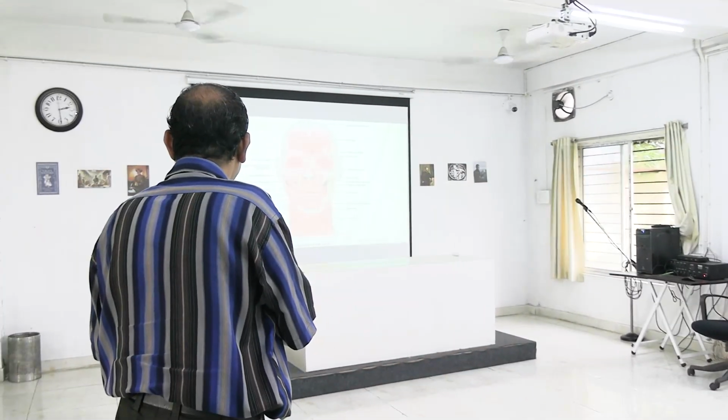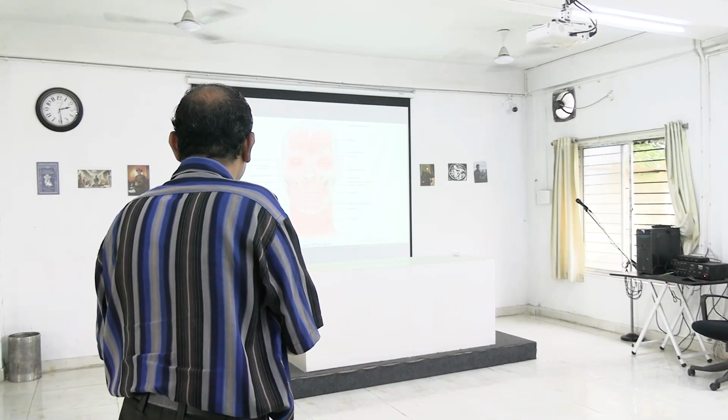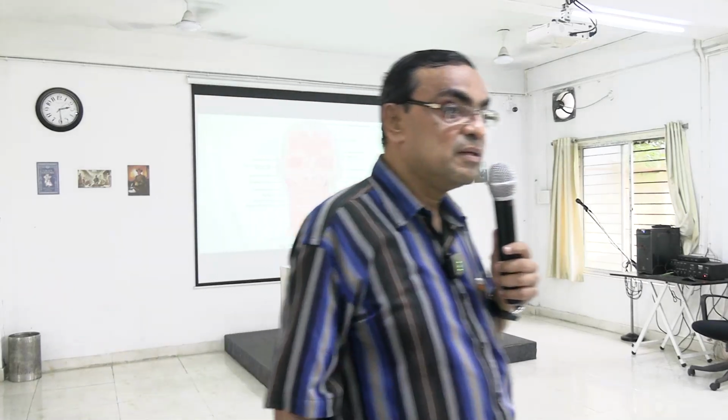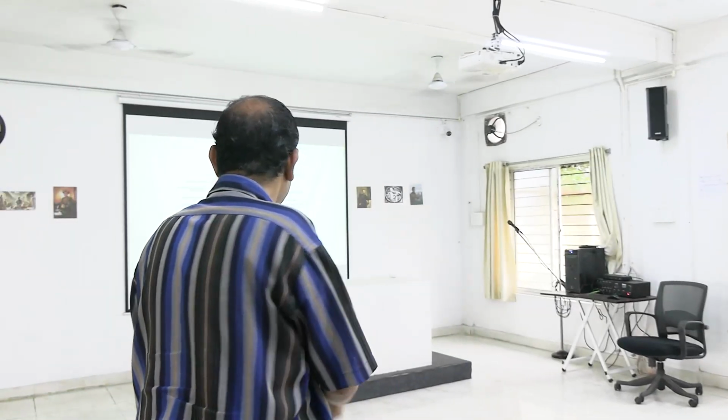And another muscle we can see, from the neck there is a superficial muscle present just below the skin, which is a subcutaneous muscle. That is called platysma, and that is continued in the face as risorius. So we can find also the risorius muscle.